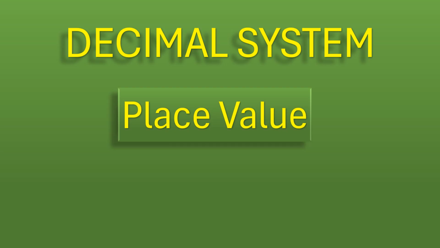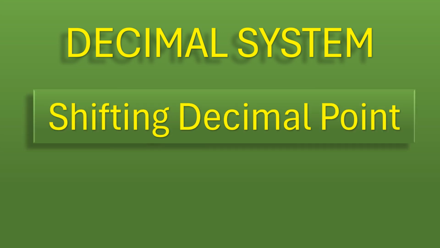In this video, you will learn the basic and extended quantification of place values of a decimal system, the tricks of shifting decimal point, and how to write in standard form.